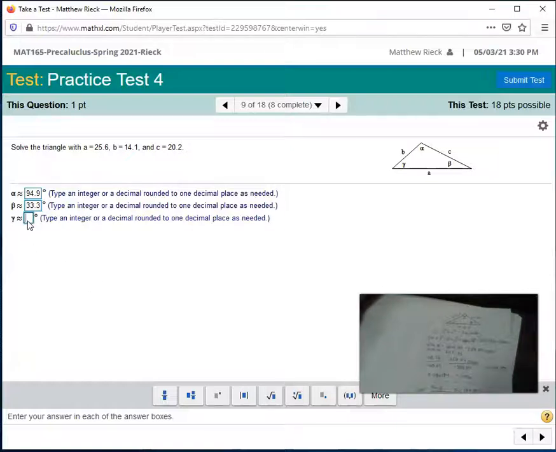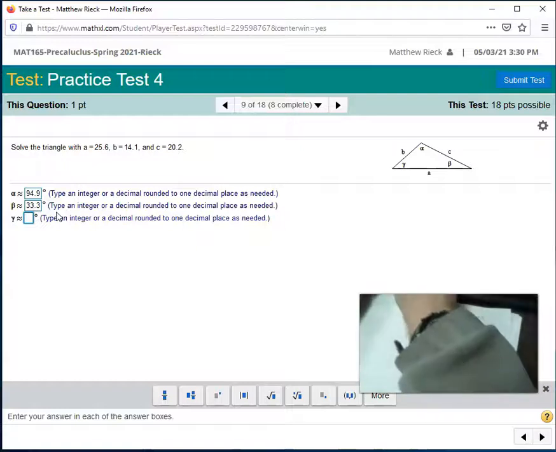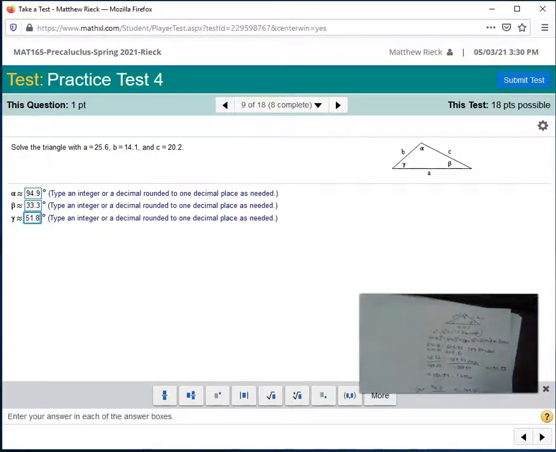And then once I do two angles, then I can do the fact that the sum of my angles should be 180. So you can take 180 minus my other two angles. You get 51.8 for gamma there.